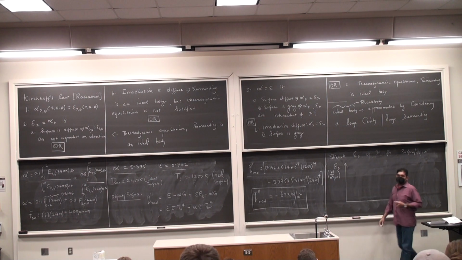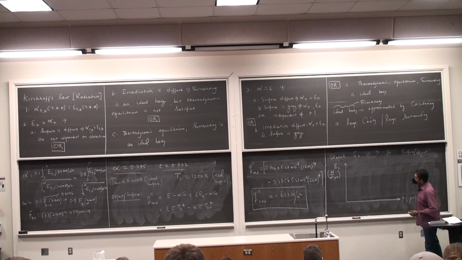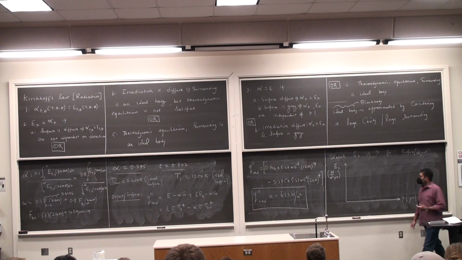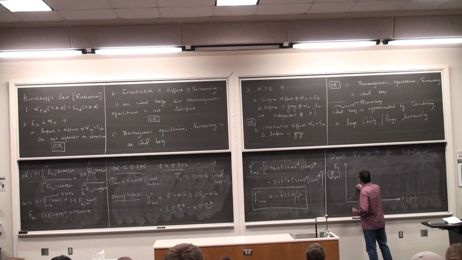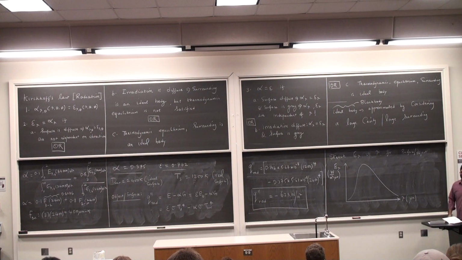So that the area under this curve is going to be your emissive power, which is going to be in watts per meter square. So for an ideal body, which is at the temperature of 1200 Kelvin, the curve looks somewhat of the following form. This follows the Planck distribution. Okay?